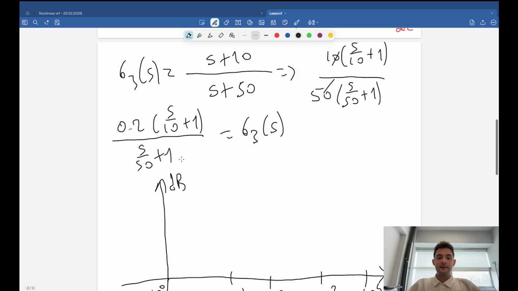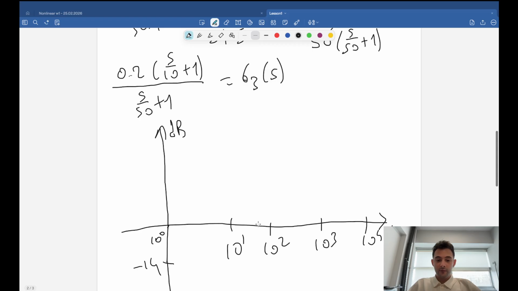And since I think you all figured out, we have 50 somewhere here, okay? Or let's make those values larger so you can understand the idea. This is going to be 10 to the power of 2, 10 to the power of 1, and 10 to the power of 0, okay? You will see why I did this.